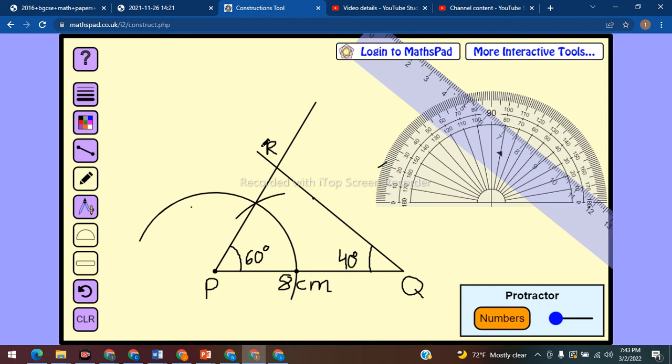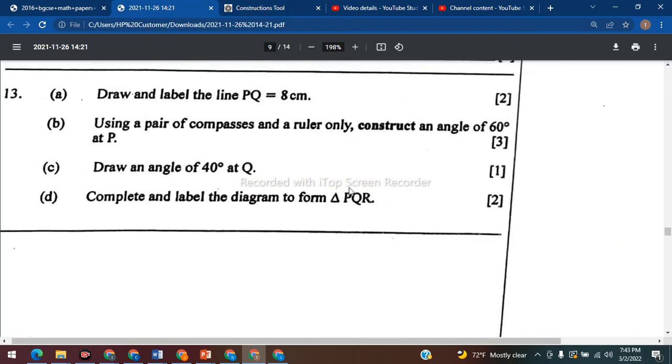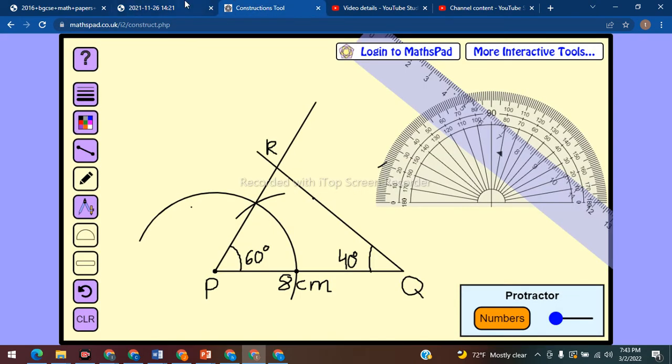No, sir. Okay. Next up, complete the diagram to form that. Good. Any questions on that? You can leave it as a few minutes, I can write the questions. Okay, no problem.